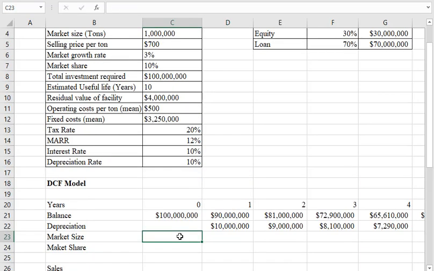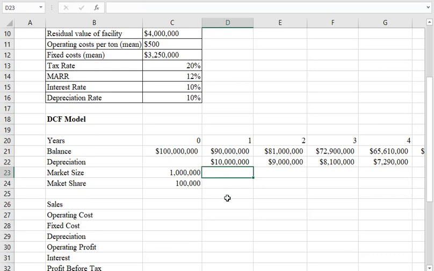Here the total market size is 1 million tons of product, and we only have a 10% share in the total market, that is market size times 10%. Let's fix this 10%.